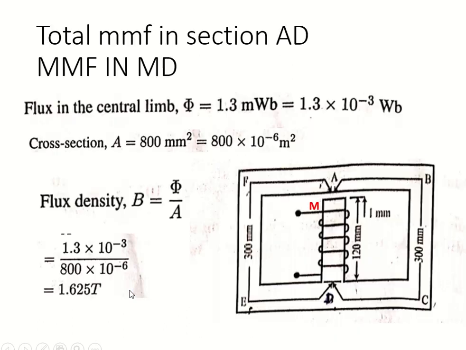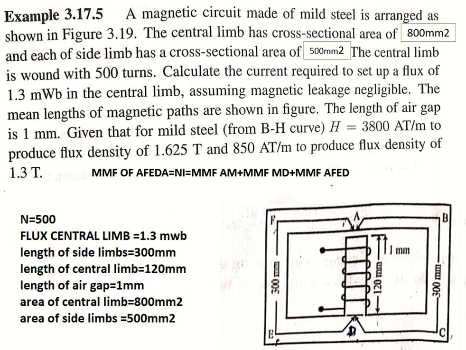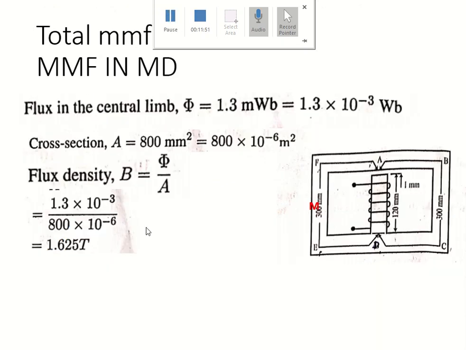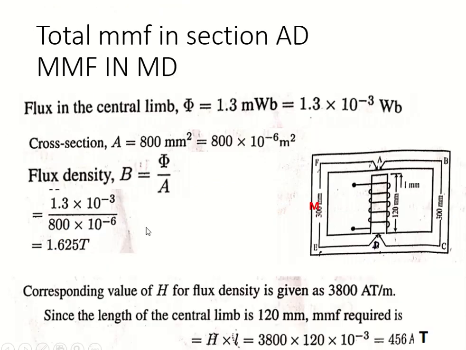Next, corresponding to 1.625 Tesla, what will be your H? For 1.625 Tesla, your H equal to 3800 ampere turns per meter. Refer to your question.